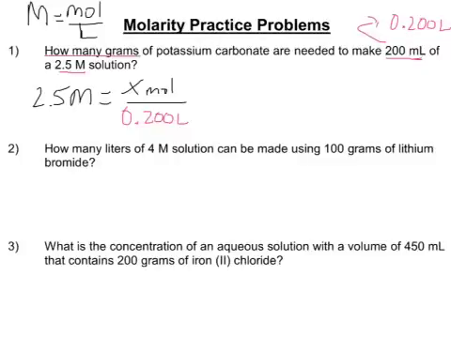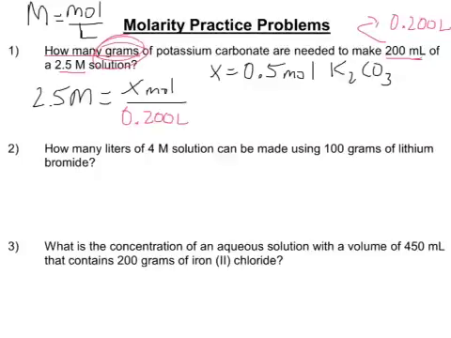At this stage of the game, I know that there is 0.5 moles. So X equals 0.5 moles. And potassium carbonate is K2CO3.